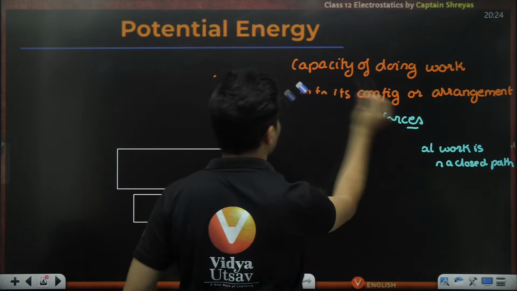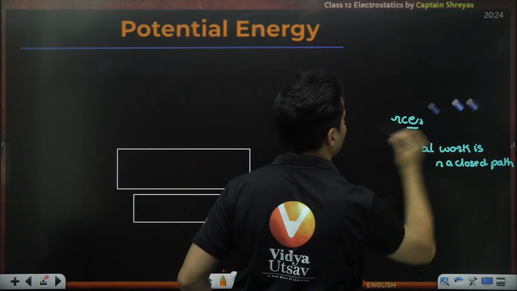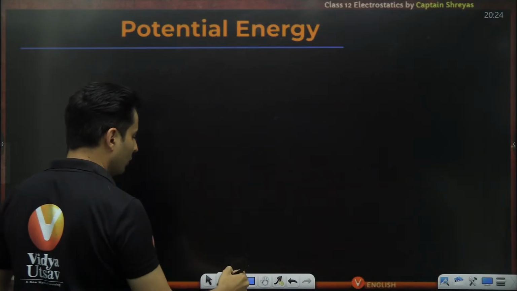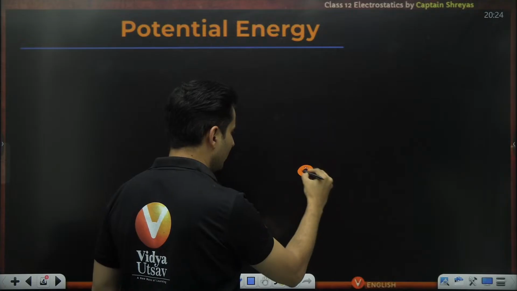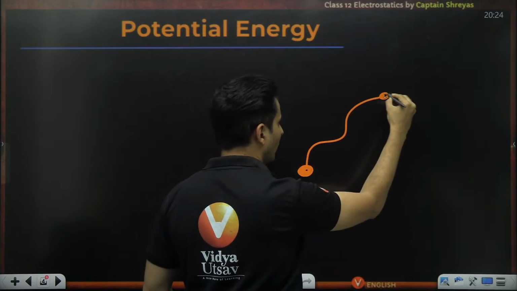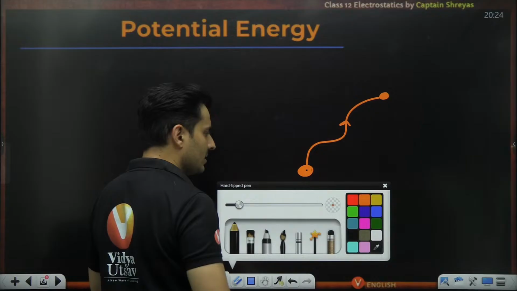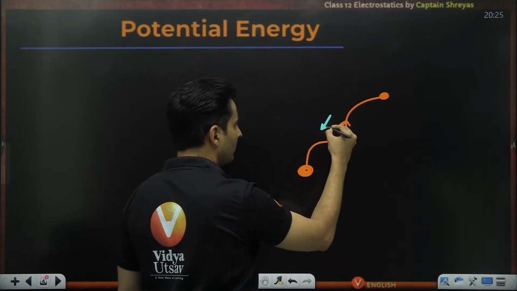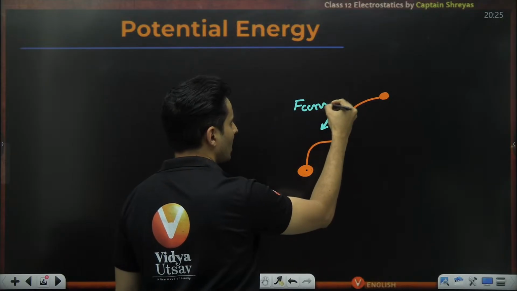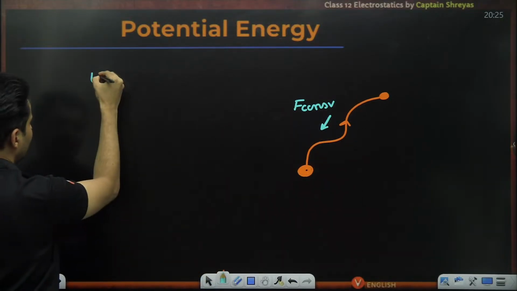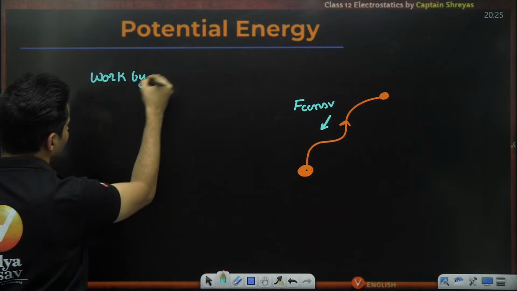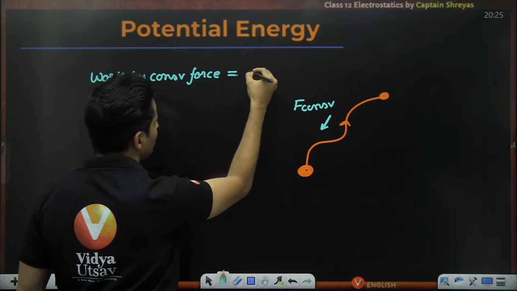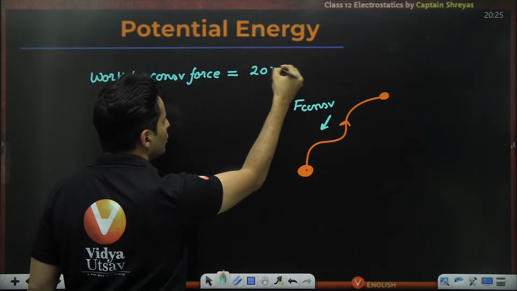Say for example, I move somebody from here like this to over here. In this process, let's say some conservative force was acting, and the work done by the conservative force happens to be maybe 20 joules.